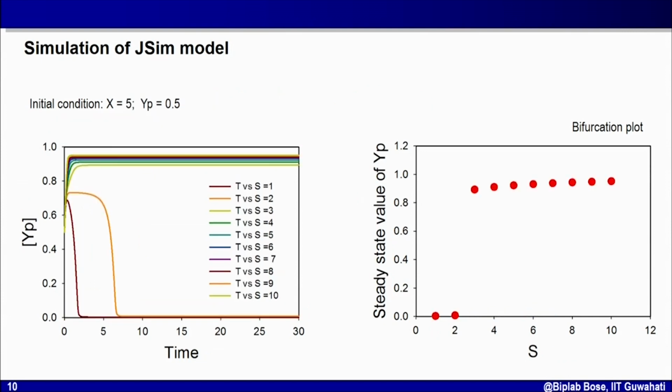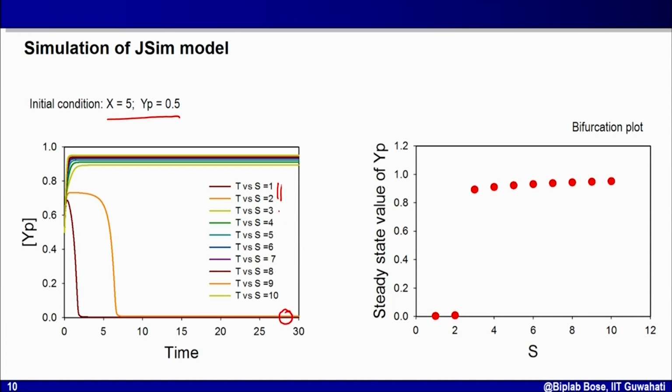Now let us do the same simulation, but change the initial condition. So now I am taking x equal to 5 and yp equal to 0.5. And I am doing the same simulation again. Now you will see just the opposite behavior. If I have s equal to 1 or 2, then they give me a lower steady state value.